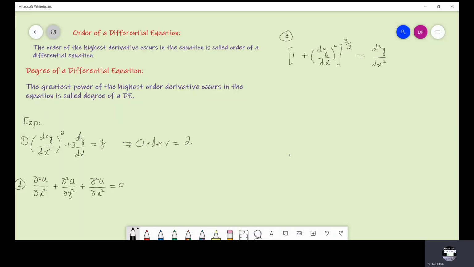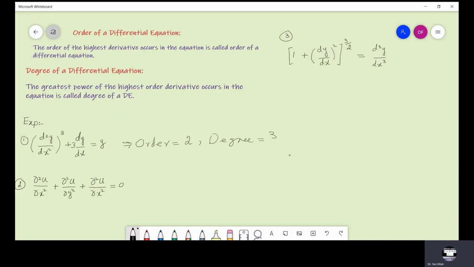And the power of the highest order derivative that appears in the equation is called its degree. So we can see the power of the highest order derivative is 3. So degree of this differential equation is 3.